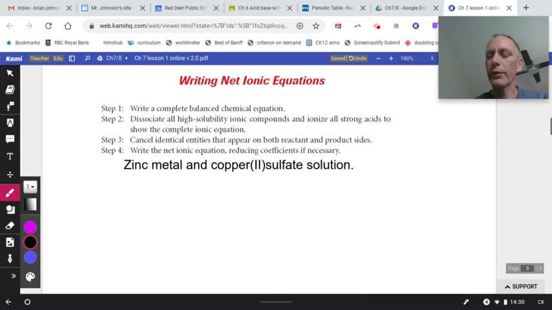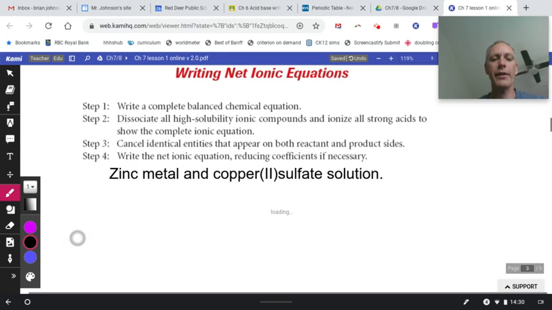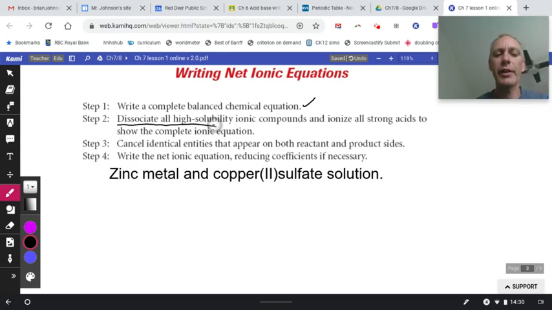These are the rules, and you have these in your notes. This is from your textbook. You always have to start with a complete balanced chemical equation. So that part we know. Then we're going to dissociate all the high solubility ionic compounds. And so this is where you had to learn chapter 5. Dissociate high solubility ionics. Ionize any strong acids to show complete ionic equations. And then this is the new part.